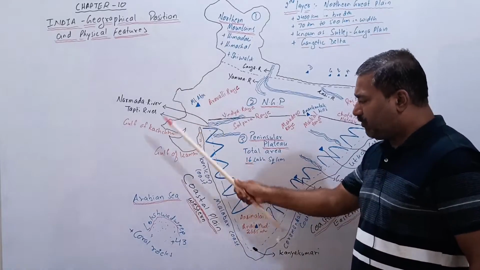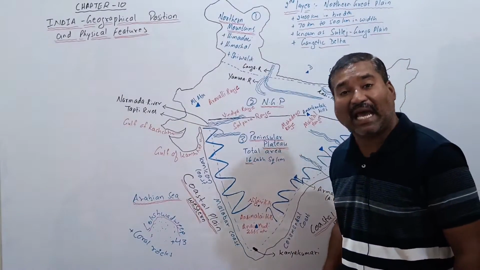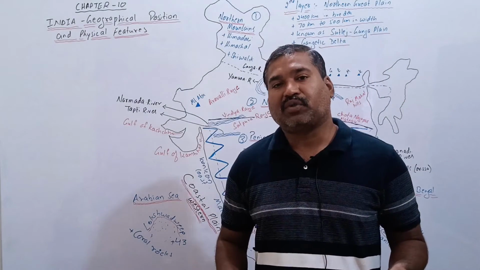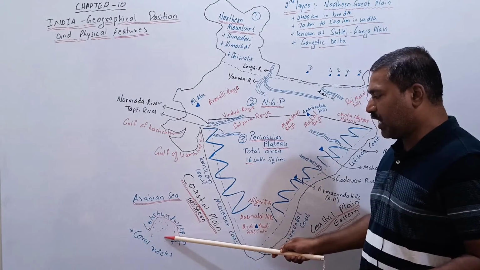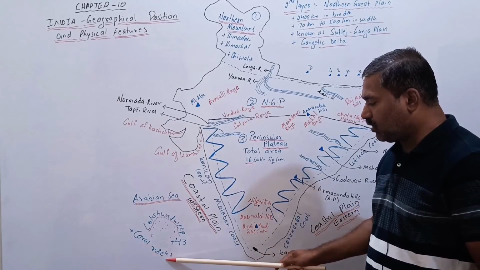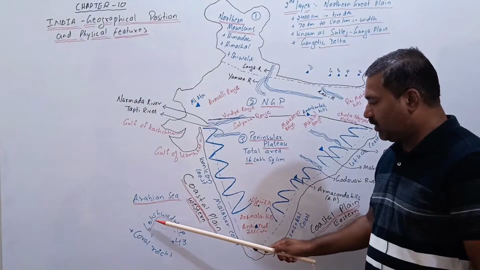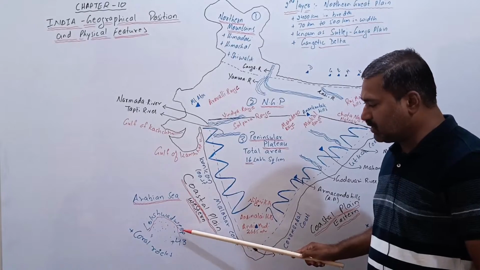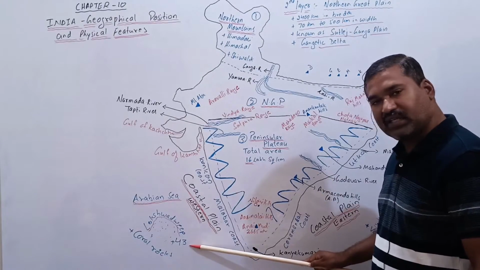Moreover, dear students, we come to the last topic of this chapter, the islands. We have about 247 islands. Towards the Arabian Sea we have the Lakshadweep Islands, which are formed of coral rocks, with 43 islands.